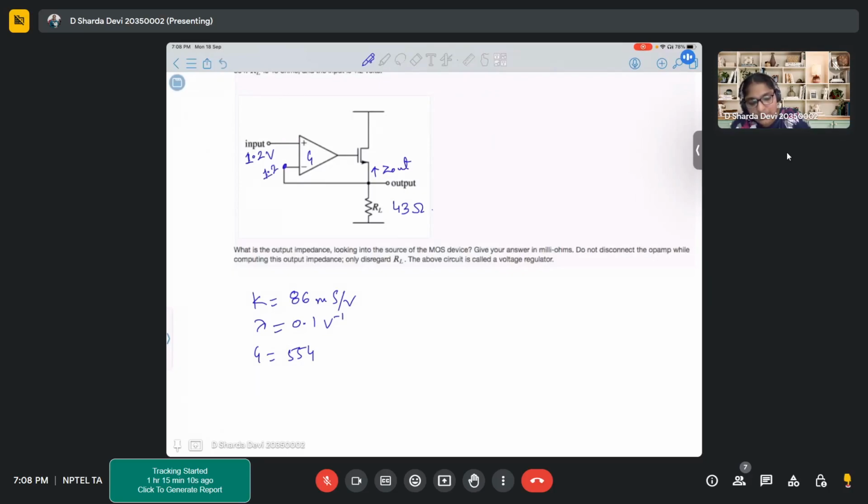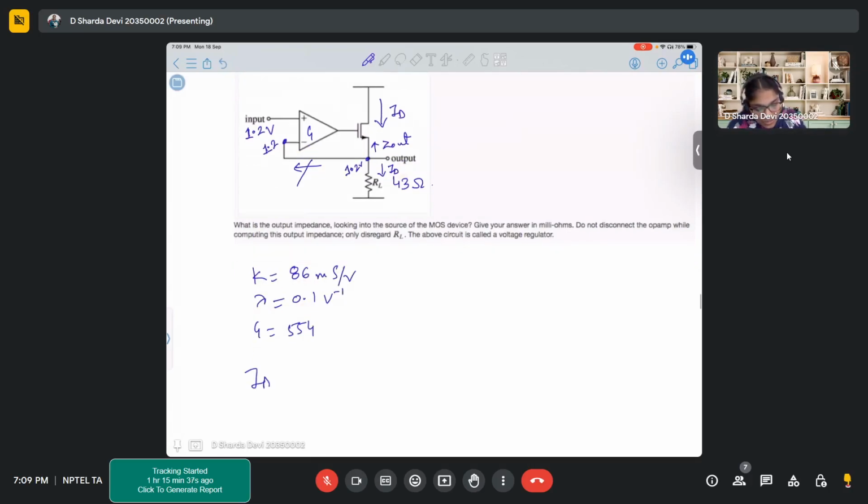So here again, you'll have 1.2 volts. That means here also you will have 1.2 volts, right? We know that there is no input current, correct? So whatever current is flowing through your transistor, the same current will flow through your resistor, because your transistor and resistor are now in series.